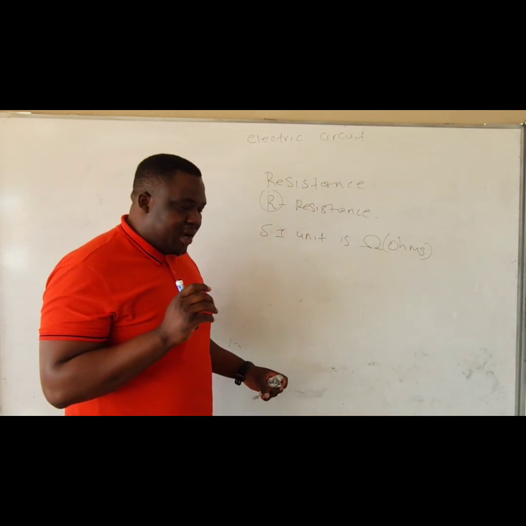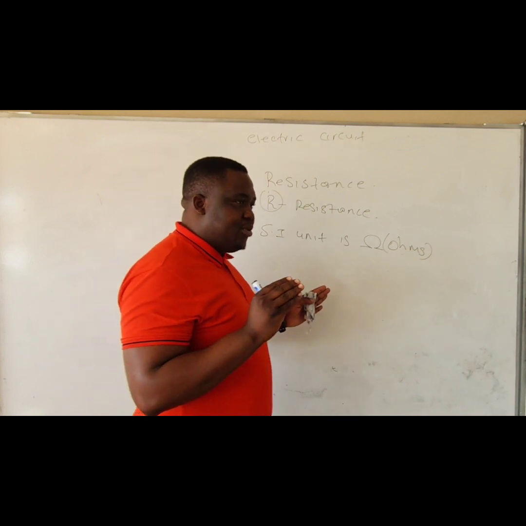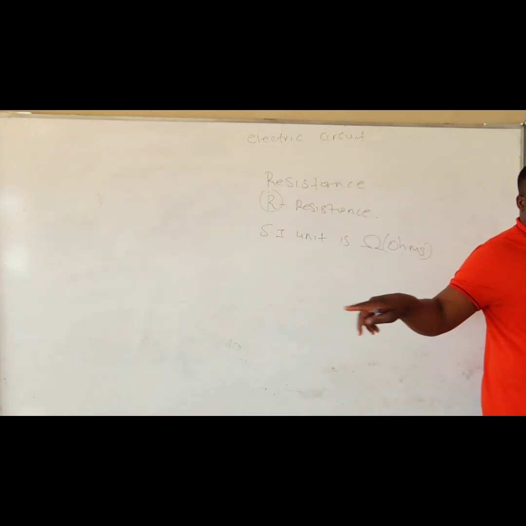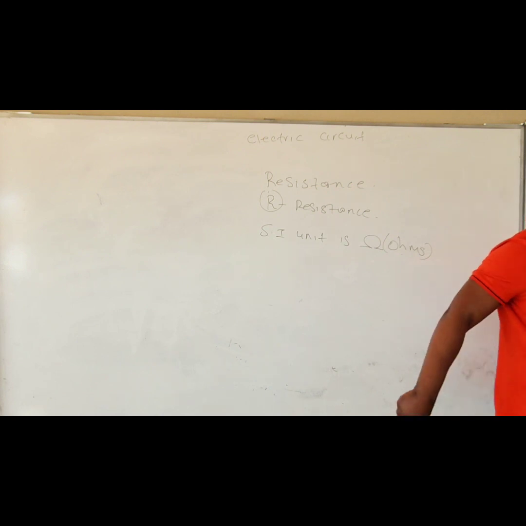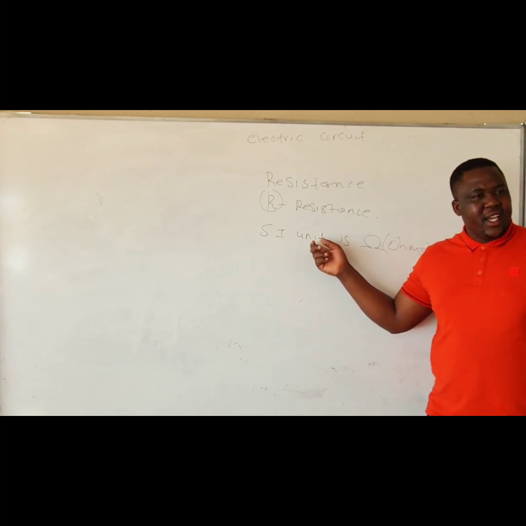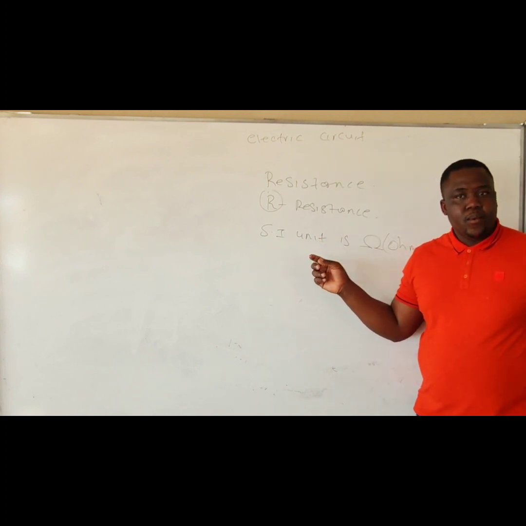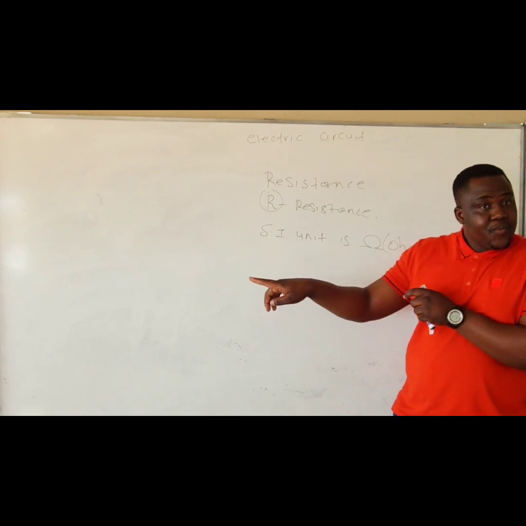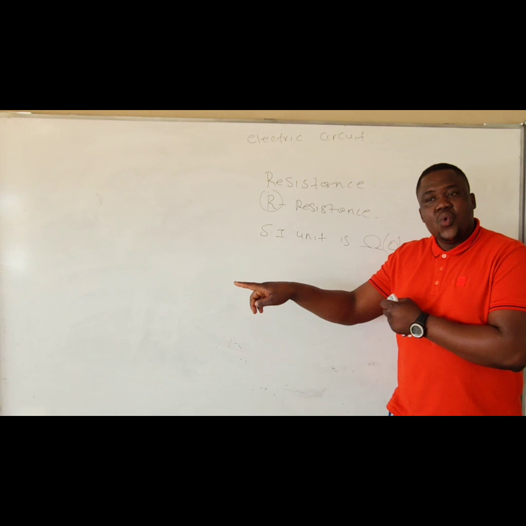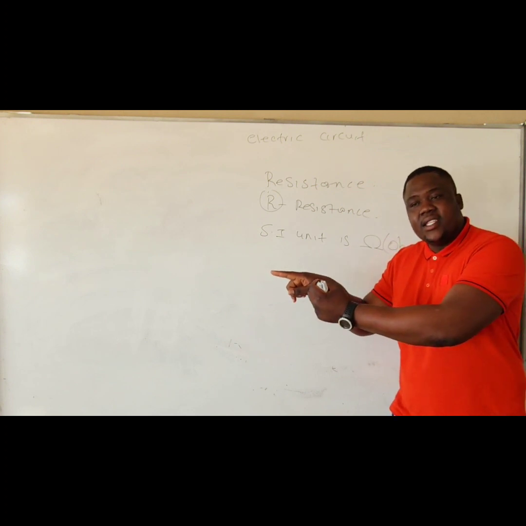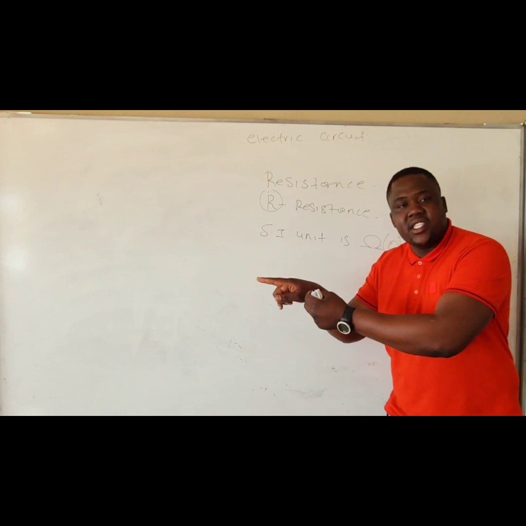And sometimes we talk about friction. If an object is moving in this direction, friction will be opposing the motion. It means the friction is also a what? A resistance. You understand? So, what does this resistance resist? If current is flowing in this direction, resistance will be ensuring that the current that is supposed to flow in this direction does not flow.